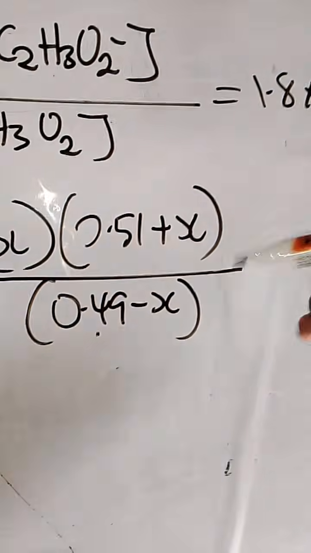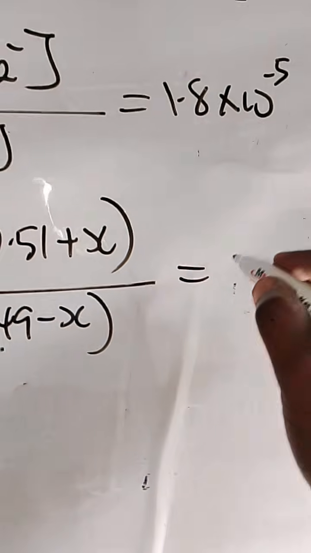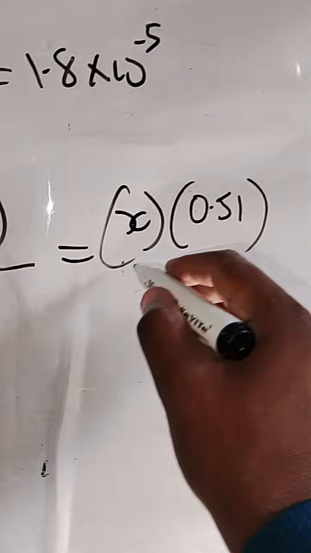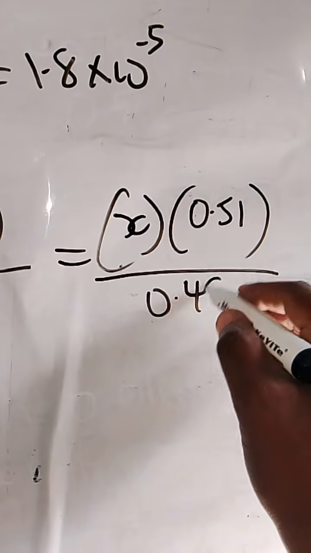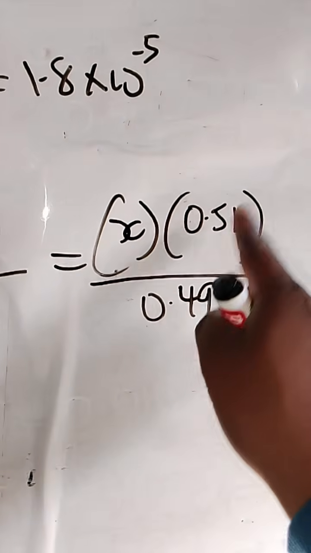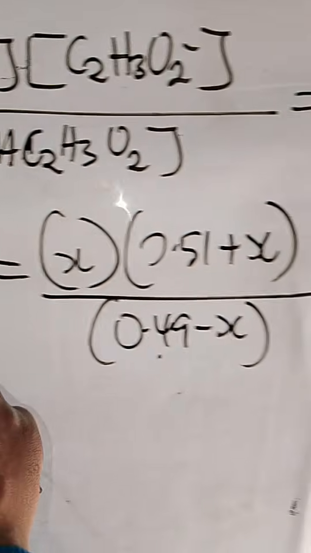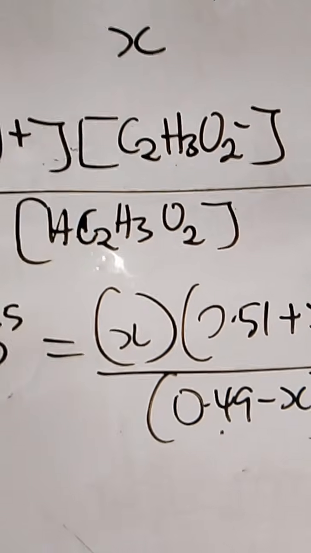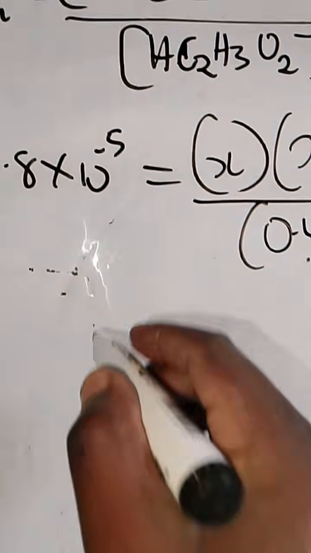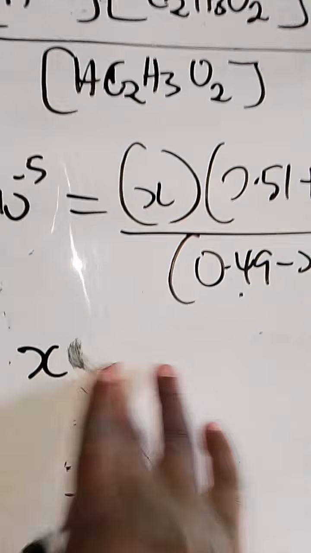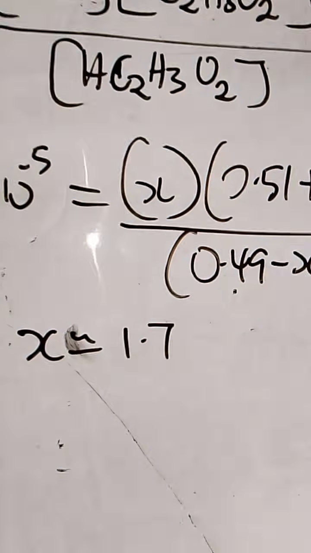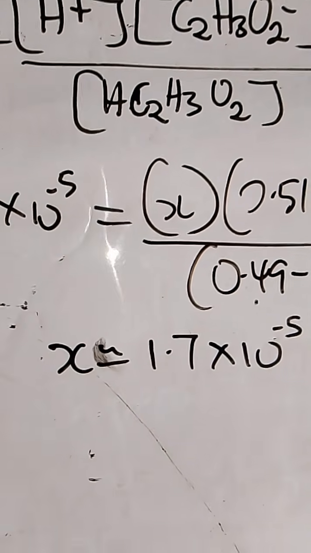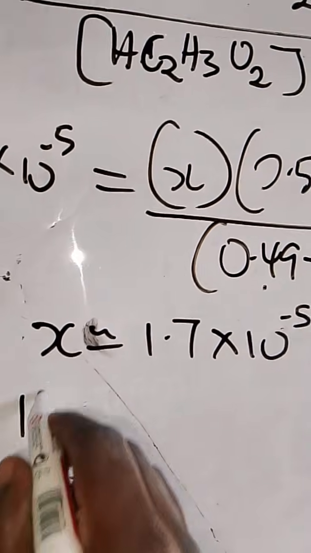Since x is so small, it is x times 0.51 over 0.49. Doing our arithmetic, x is equal to 1.7 times 10 to the power negative 5, which is the concentration of hydrogen.